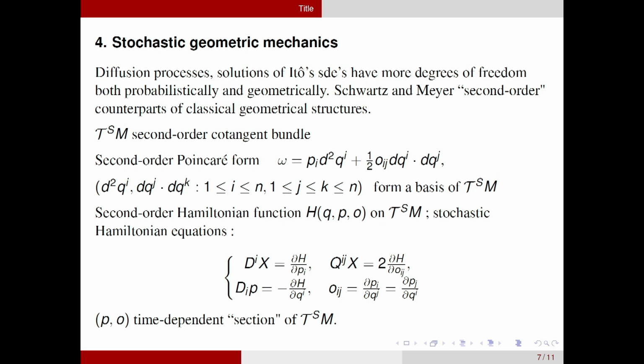So, in the simple case that I regarded, I have a nice Hamiltonian equation, information involving the derivative with respect to this little o about the diffusions, and something looking like an integrability condition. It's important, the additional term will be a section of the second order geometric object. Section, namely P and O will be functions of Q and P.